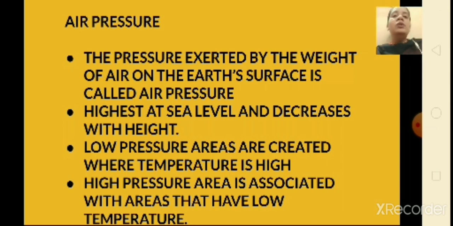When the temperature is low, air is cold and heavy and thus it sinks. This creates high pressure areas and it is associated with clear and sunny skies. Always remember children, air always moves from high pressure areas to low pressure areas.